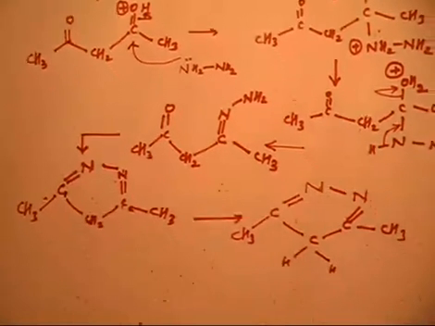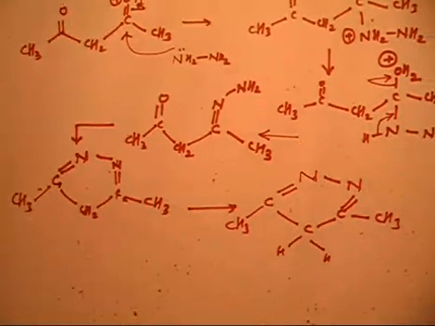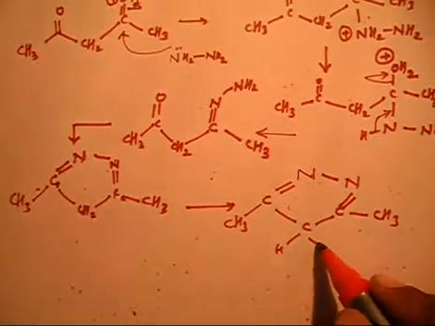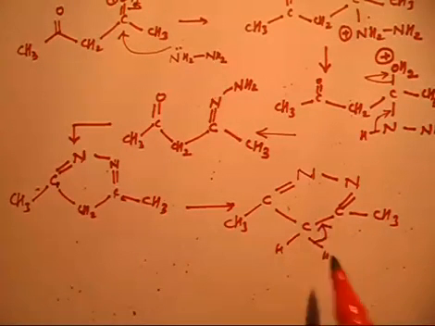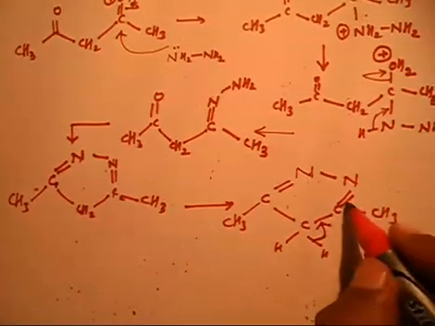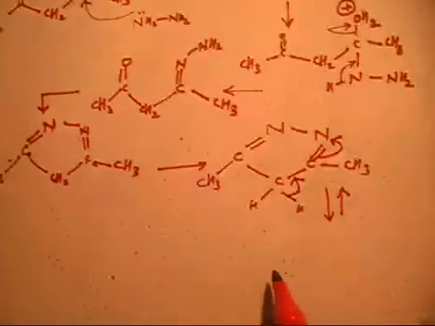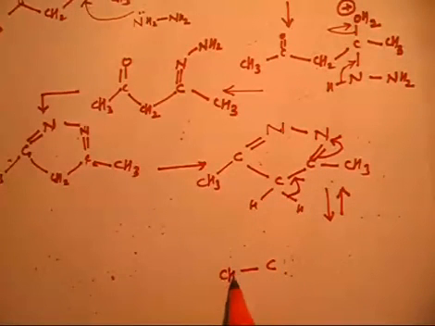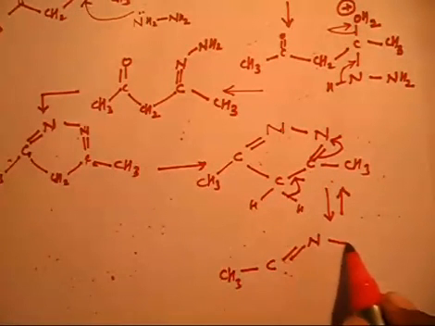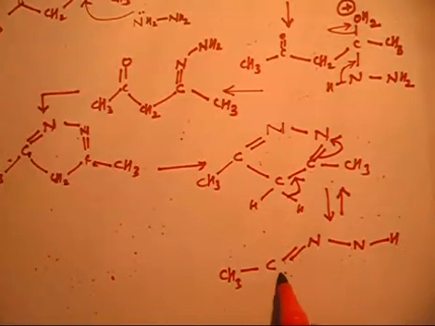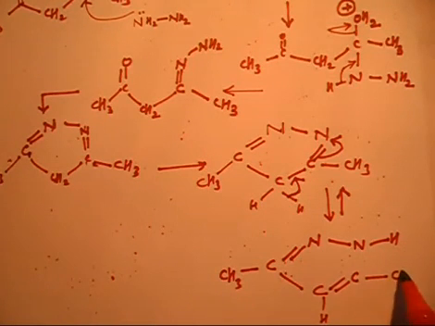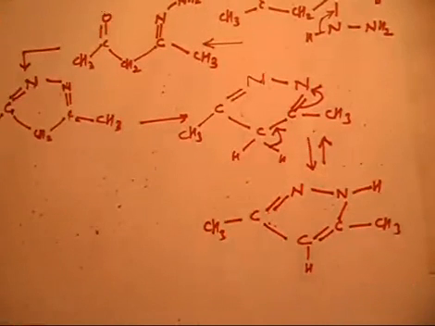Now in acidic medium, we can do keto-enol tautomerization. So this is a tautomerization. If I remove this acidic hydrogen and put it here, this is a tautomerization step. Now if I do something like this, I will have CCH3 double bond NH, CH, and then I will have a double bond, CH3 C. Now why am I doing this? This is because now you see the benefit of doing this tautomerization.